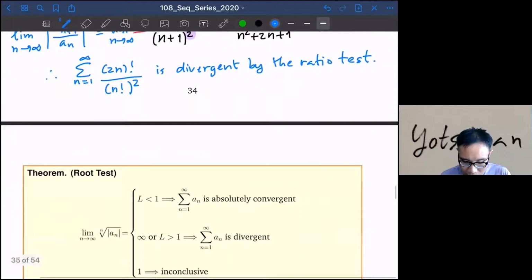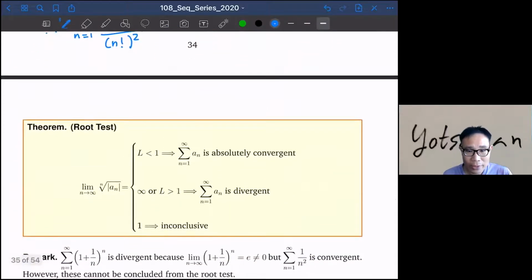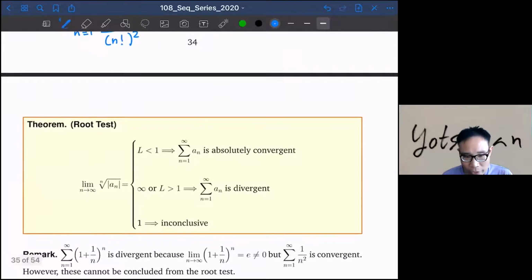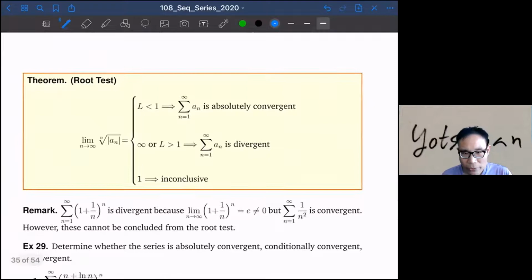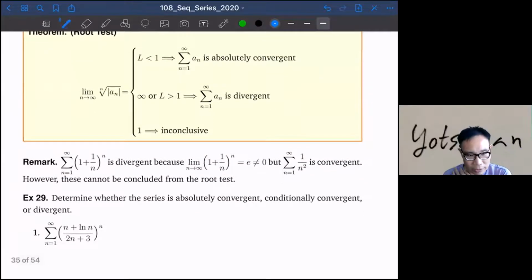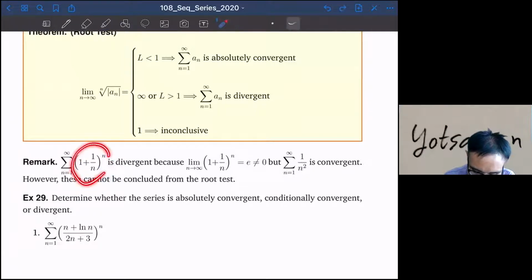The next thing that we can use is another test. It's going to be the root test. The root test is a little bit different from the ratio test, and we're going to use the root test when we have to deal with something like this. You see that if you have your a_n in this form, this is my a_n, right?